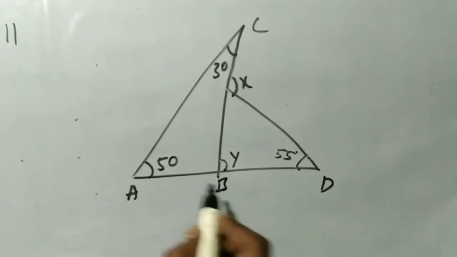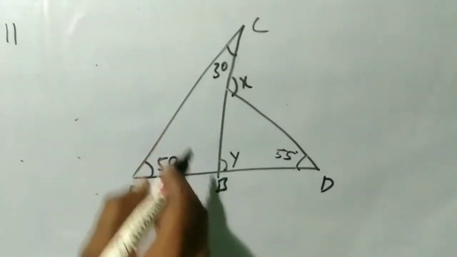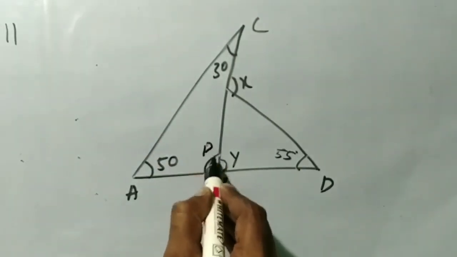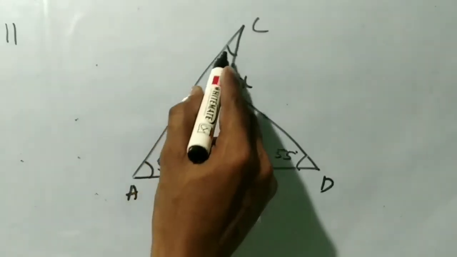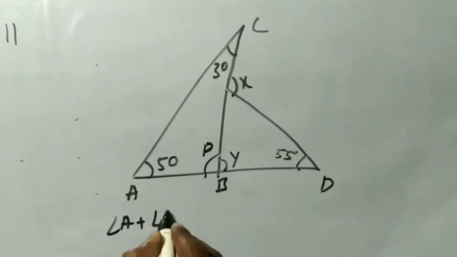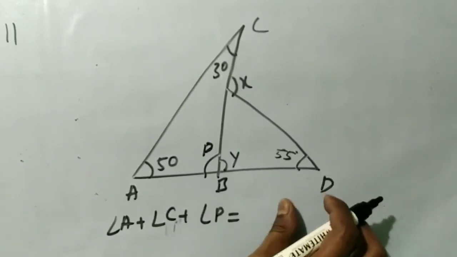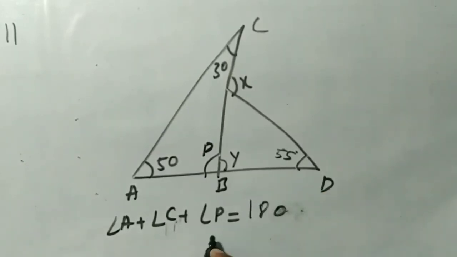So we have to find the angles of this triangle. As a hint, let us consider angle P. The summation of interior angles is equal to 180, so angle A plus angle C plus angle P is equal to 180. Angle A is 50, angle C is 30, and angle P we don't know, we have to find it.